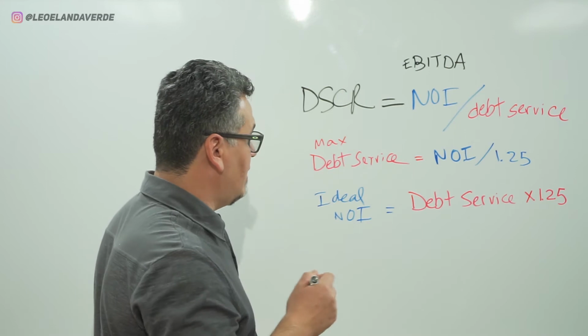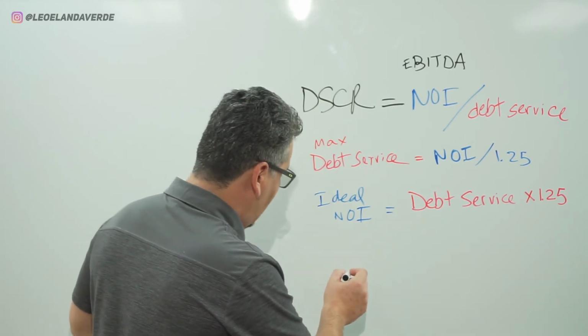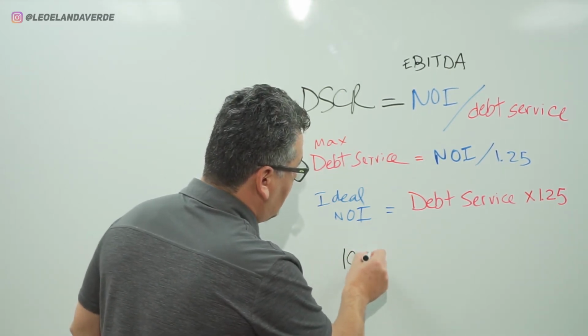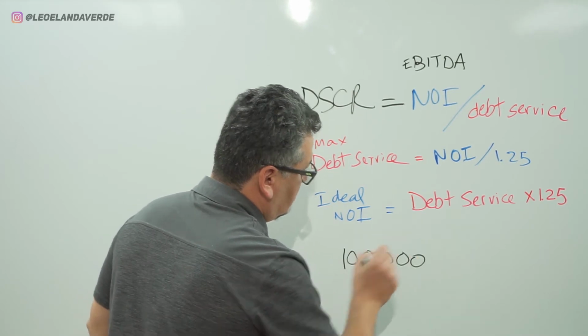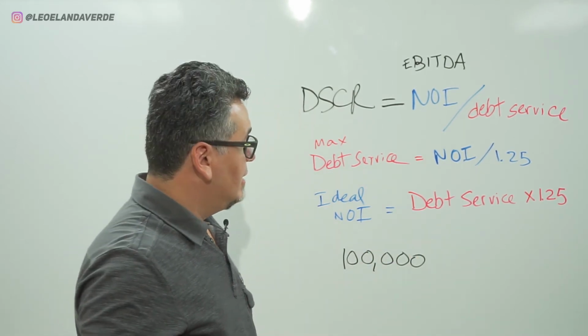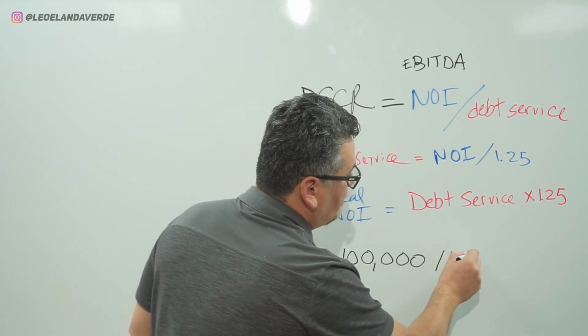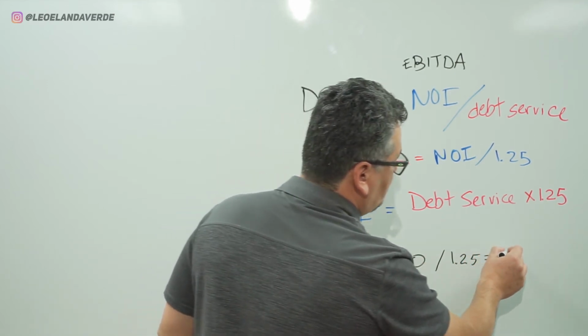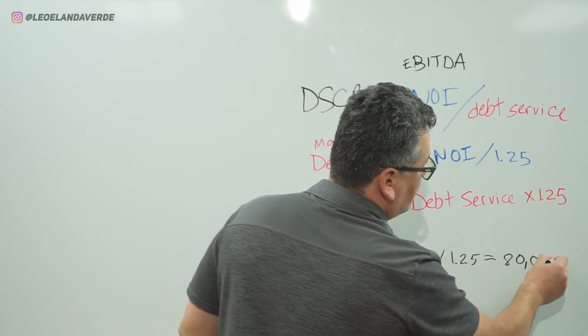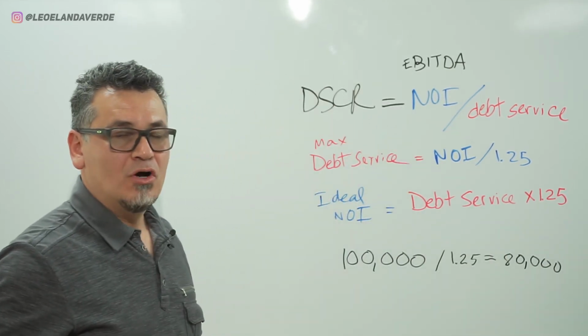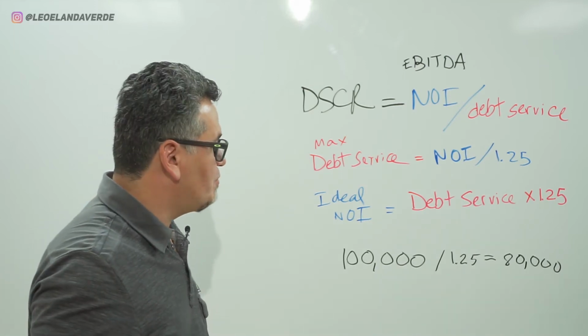So in this example, if you have a net operating income of 100,000, right? If you follow that formula, if you divide that by 1.25, your maximum debt service per year cannot exceed $80,000 or $6,667 per month.